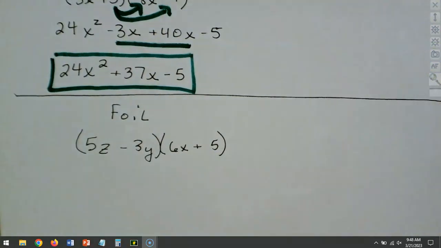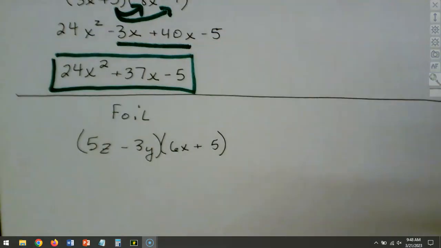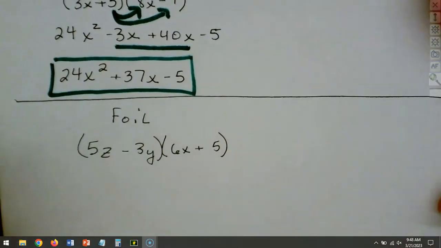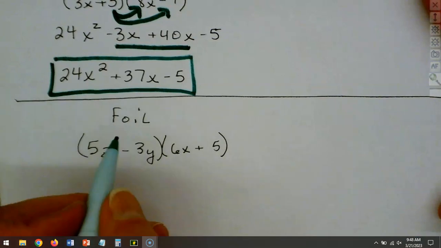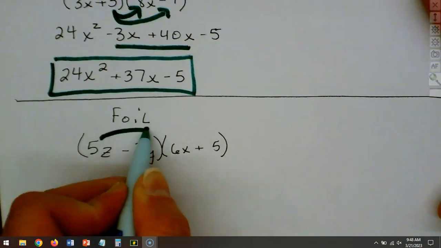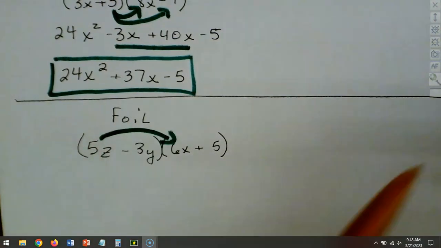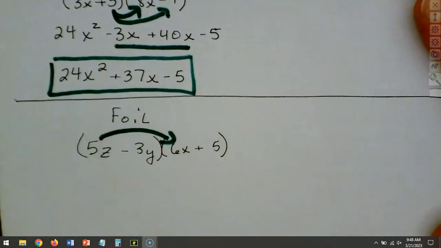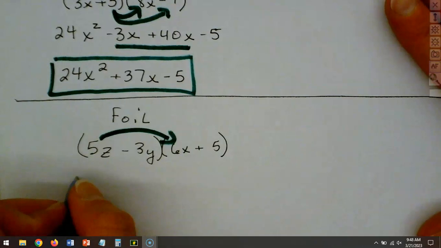And let's try to FOIL this one out. And FOIL, again, the F stands for the first times the first. So I take the first times the first, and that's 5 times that 6, and 5 times that 6, that's a 30.